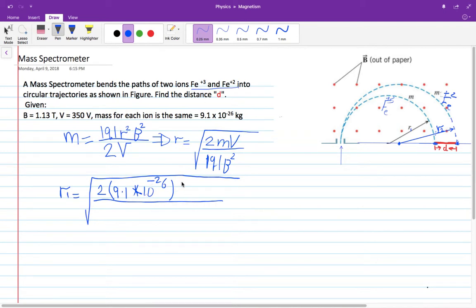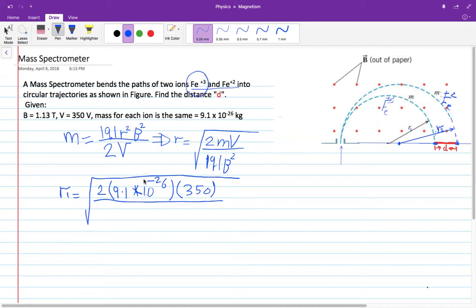Now the voltage difference is given as 350 volts. The mass is in kilograms and the voltage difference is in volts. Now divided by the charge of the ion. The ion has a charge of plus 3.